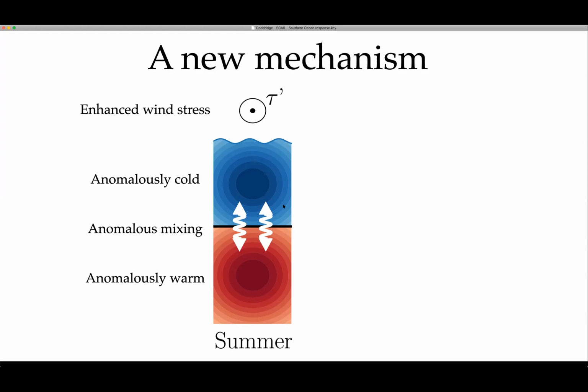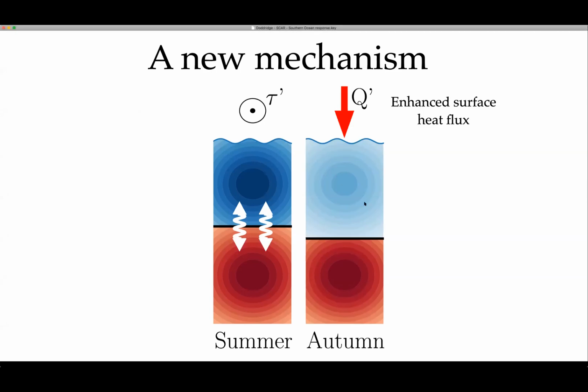So these colors here represent the temperature anomaly, not the background mean state. So in the mean, it's warmer at the surface, colder with depth, but the anomalies that we get through this enhanced mixing are cold at the surface and warm at depth. Now, after we've applied this summertime perturbation to the winds, that cold at the surface is going to draw in enhanced heat fluxes from the atmosphere. So because the SST is anomalously cold, it's out of equilibrium with the atmosphere.